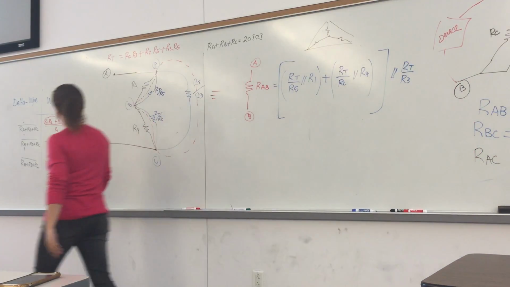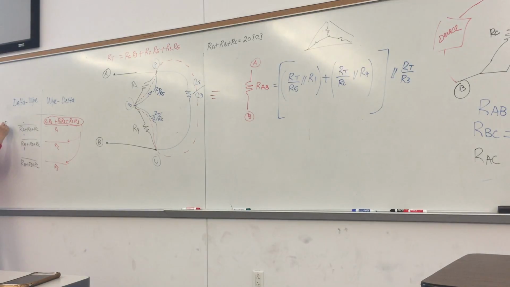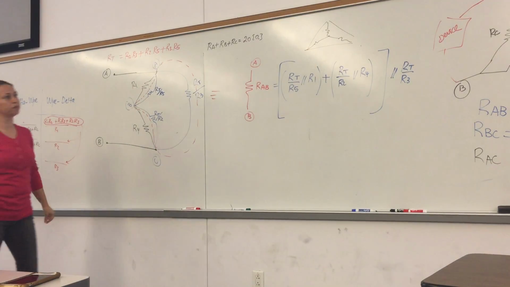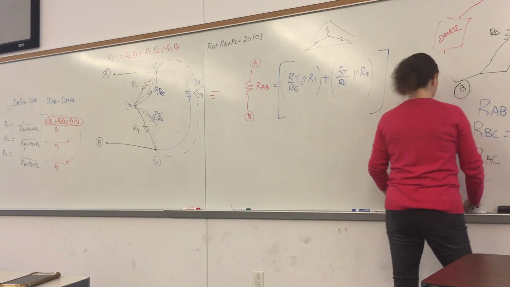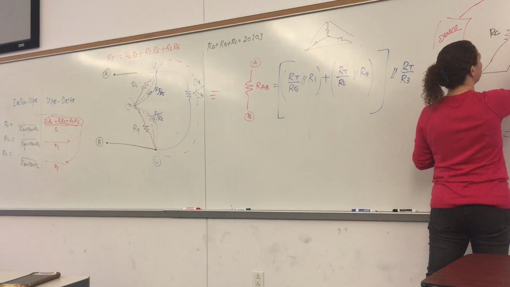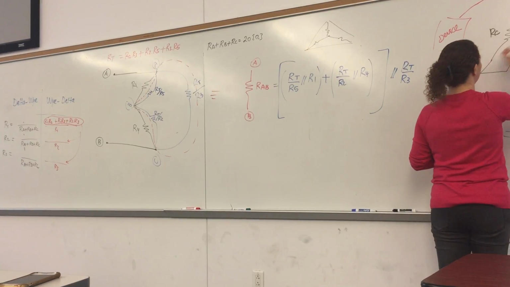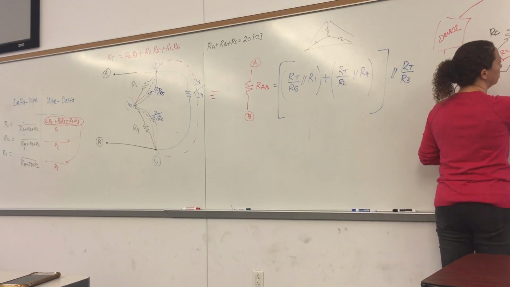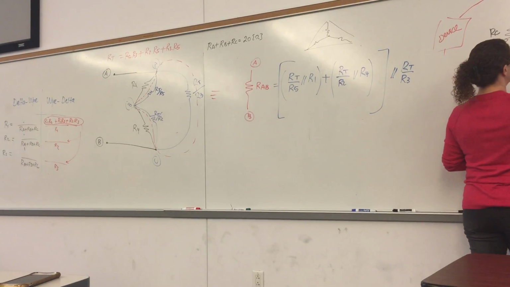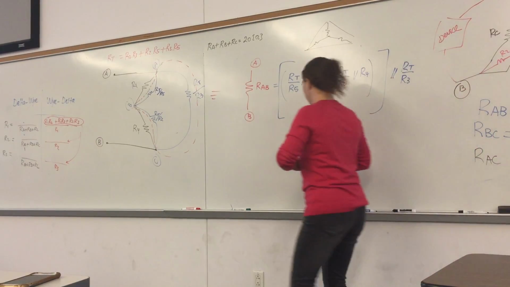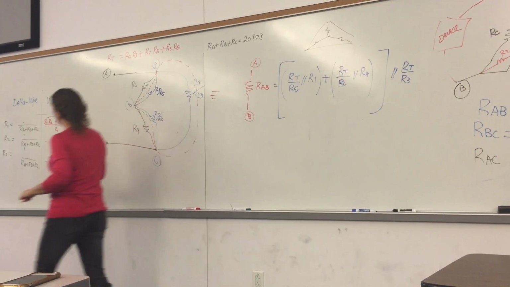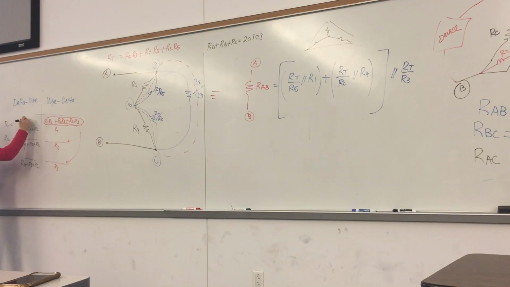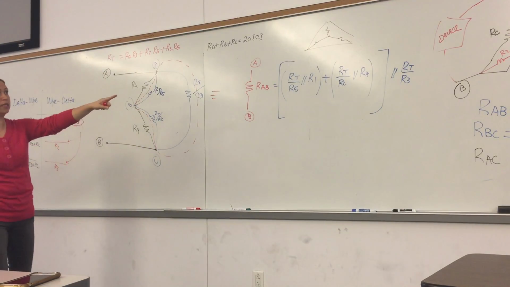So, in other words, in delta to Y, that's going to say R1, R2, R3, right? So your R1 is coming over here, connected to A. Your R2 is connected to B, and your R3 is the resistance connected to C. Now R1 will be RB times RC over the total resistance.